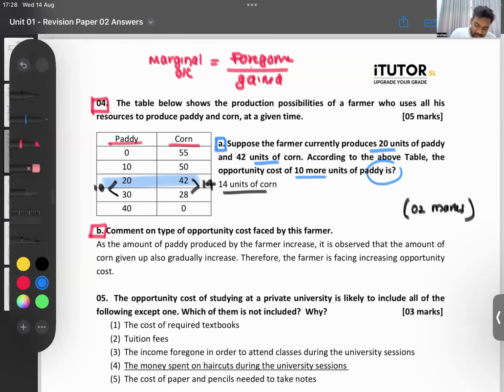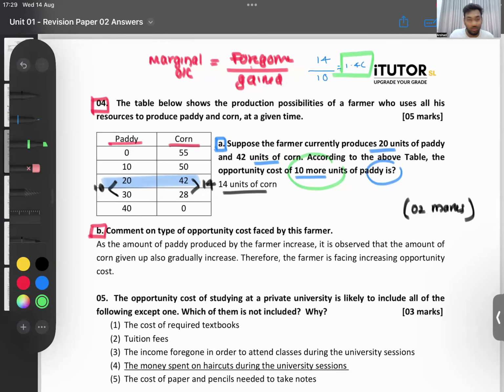So for example, to gain 10 more paddy, we have to sacrifice 14 corn. So the opportunity cost then is 1.4 corn, that is to get 1 unit. To get 1 unit of paddy, we have to sacrifice 1.4 corn. I am not asking that. I am asking the opportunity cost of 10 more units of paddy. So if you said 1.4, that is for 1 unit of paddy.